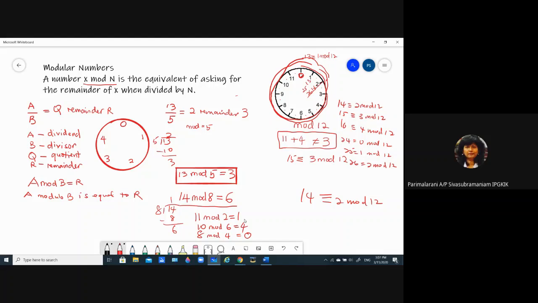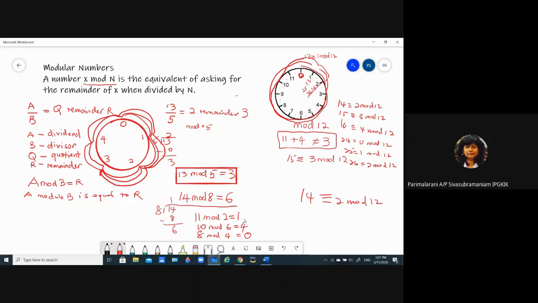This is a positive number, so we are going to move clockwise. 1, 2, 3, 4, 5, 6, 7, 8, 9, 10, 11, 12, 13. Where did we stop?